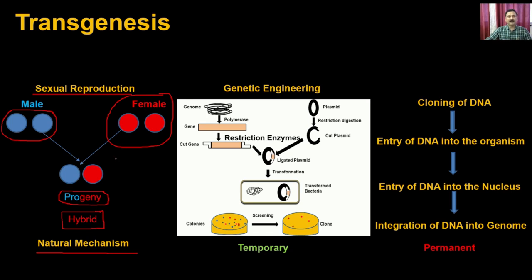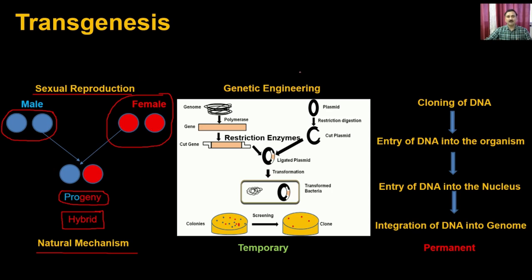The progeny you get has the properties of the male as well as the female, and that's how this progeny is of improved varieties or improved characteristics. But this progeny does not carry any gene from a trans species. It contains all the genes from the cis species, which means it contains DNA from the same species, and that's why these kinds of hybrids are not called transgenic animals.